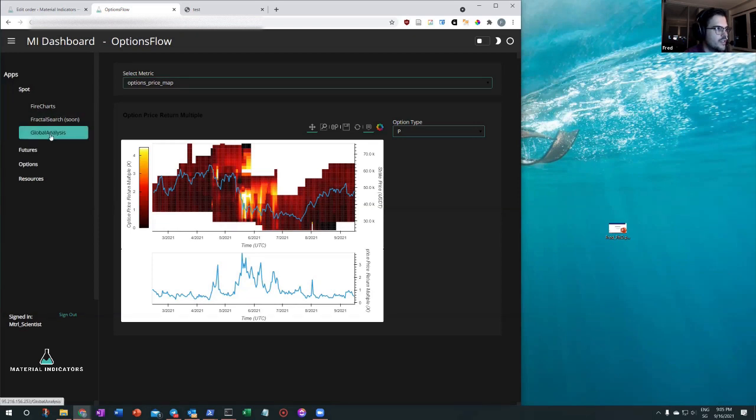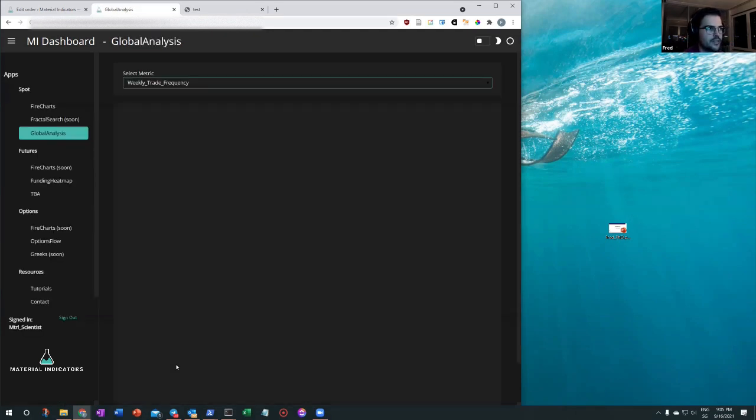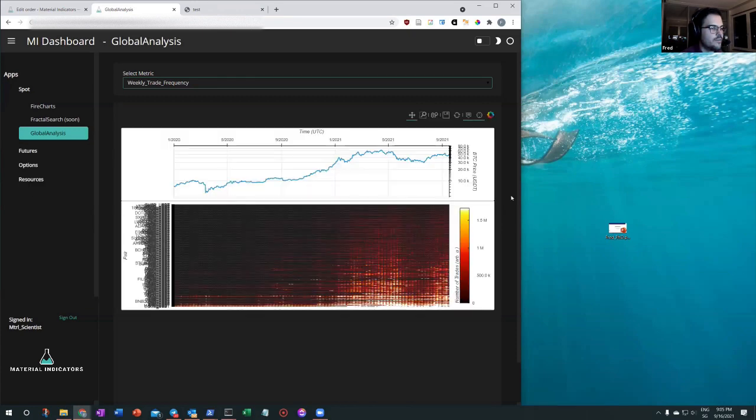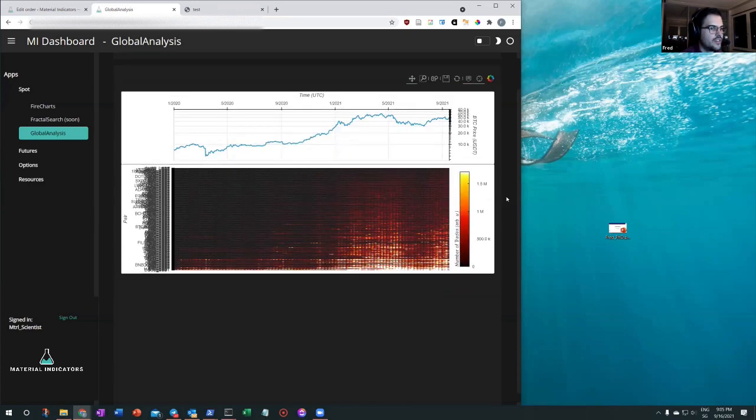Maybe let's look at some of the market-wide metrics. In this case, we see the trade frequency accumulated for every week. It's actually daily resolution, but it accumulates the number of trades for every week.